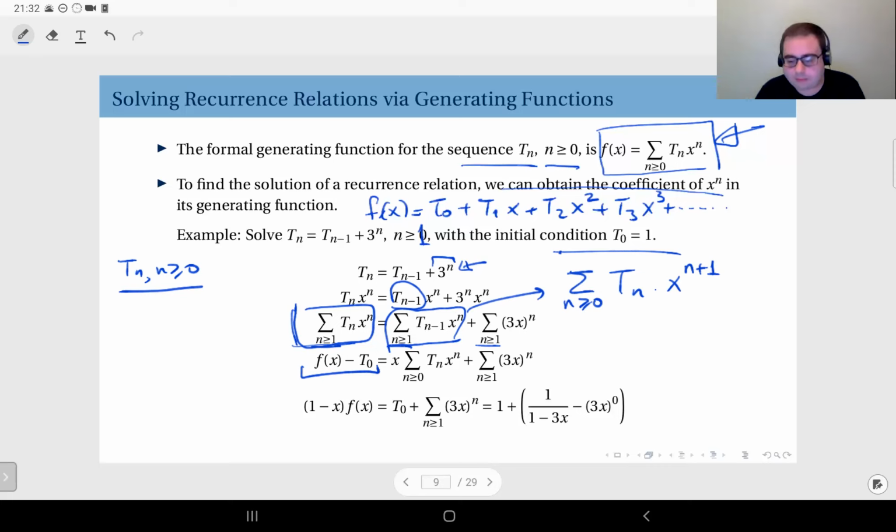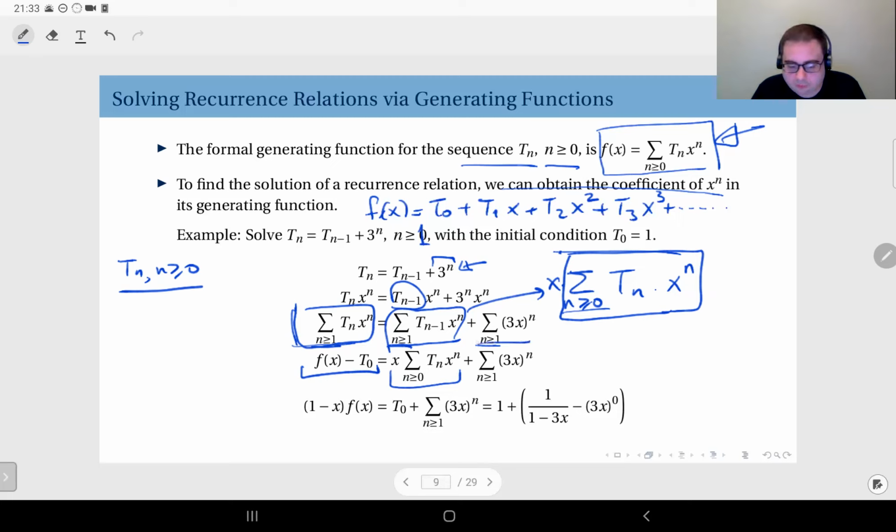Therefore, I can write this as starting from 0 up to infinity, tn times x to n plus 1. So if I pull one of the x's to outside of this sum, because it doesn't depend on n, obviously, what I have here is exactly the generating function. So this is x times the generating function.